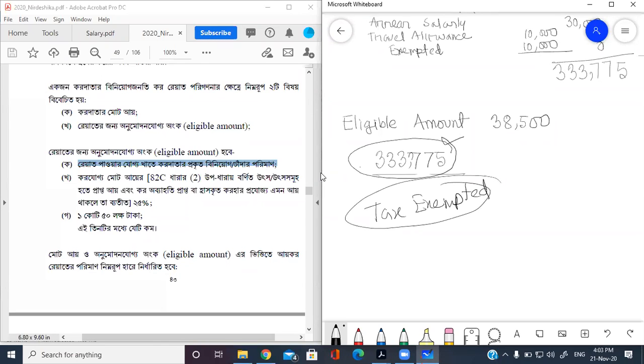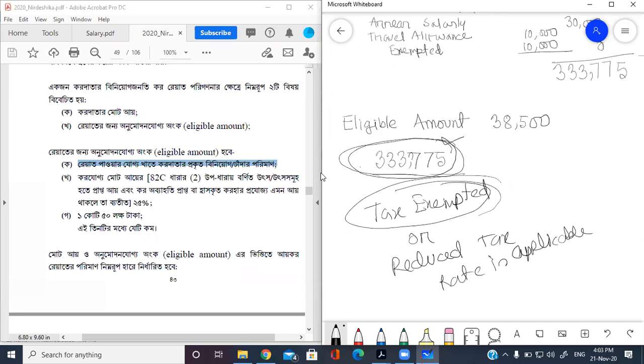But if you have included that amount here, in that case, your total income, what you have calculated, includes some amount which is tax exempted or on which a reduced tax rate is applicable. Now, what you need to do, you need to identify this income, and you need to exclude this amount from this amount.